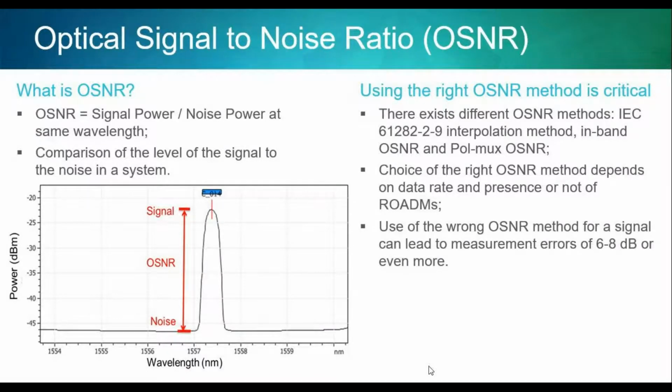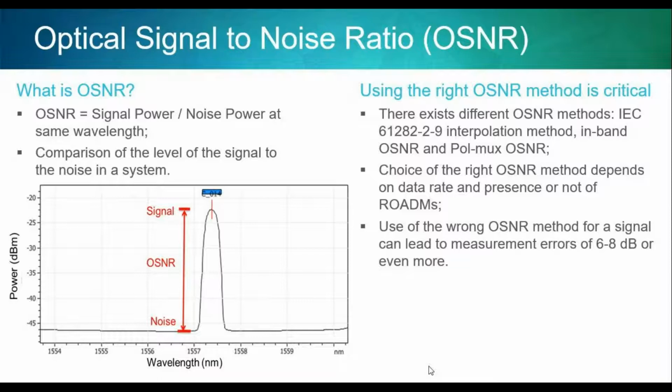So what happens? Do they have to redo the work, redo the fiber pull and all that? They called us to validate that their measurements were okay. We looked at what type of system they have and what signals are at play, and applying the right OSNR method determined that the system was in spec.